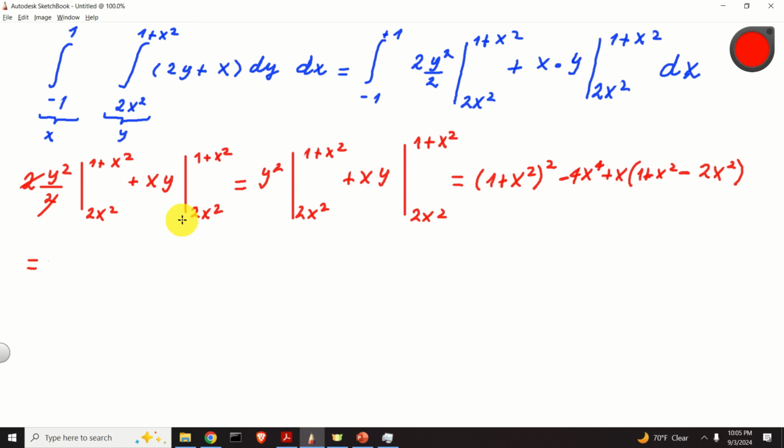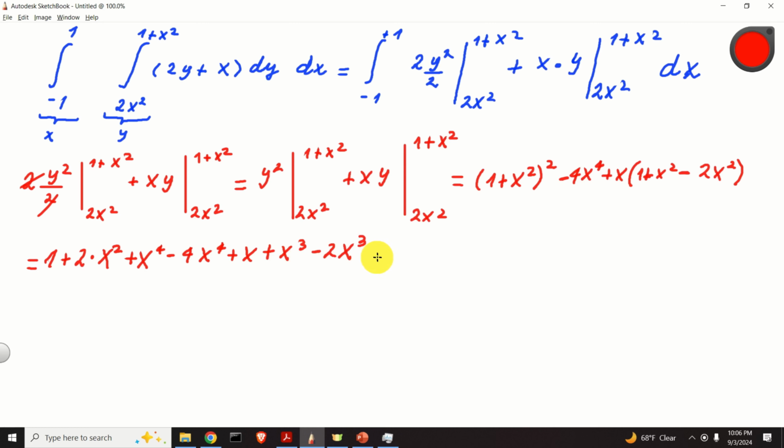We have from this term over here 1 plus 2 multiplying x squared plus x to the power 4 minus 4x to the power 4. And what do we have here? We have plus x to the power 3. We have minus 2x to the power 3.